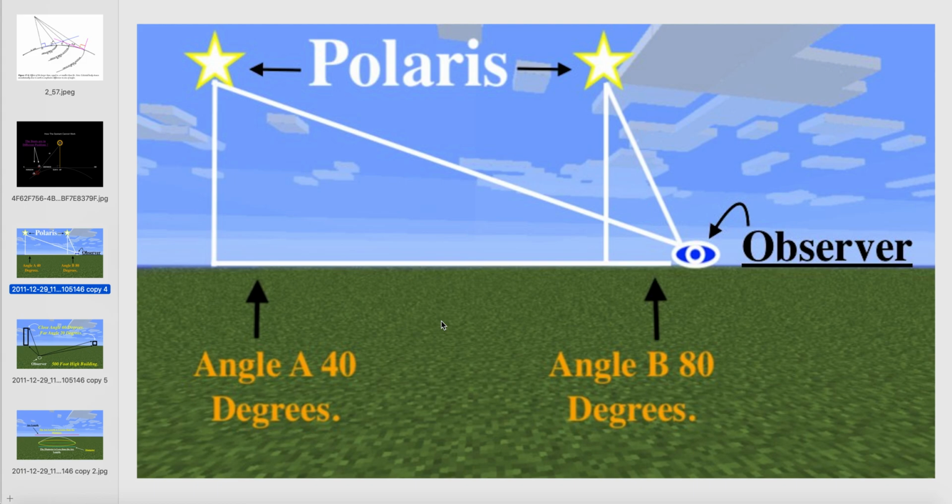I explained a whole lot in several different videos. But this is all that's happening here. It's just a perspective issue. As soon as you move away from Polaris, your angle to it changes. So the further you move away, the wider the angle, or let's say, maybe it's tighter here with the 80 than it is with the 40.